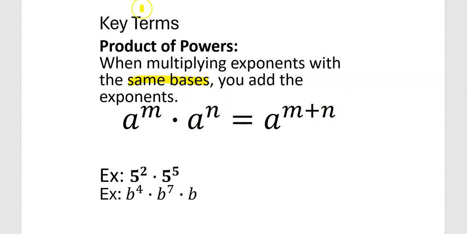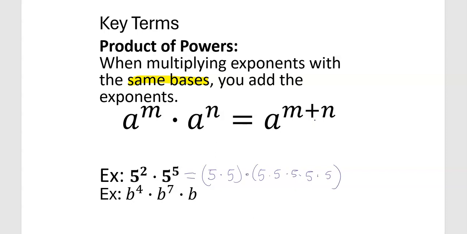And like we showed in class, or you may remember from previous grades, the reason for that is because if I have, here, we'll do this one down here, 5 to the second power, that's 5 times 5. If I also then have 5 to the fifth power, that's 5 times 5 times 5 times 5 times 5.